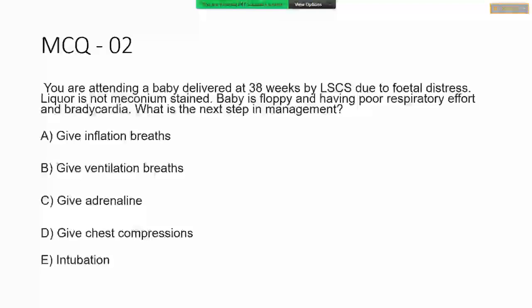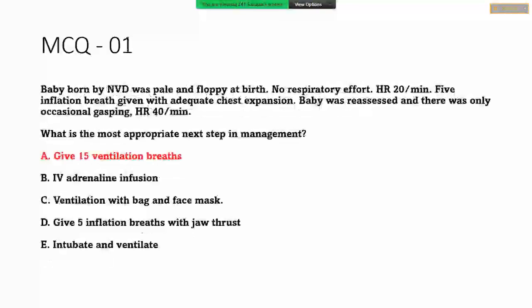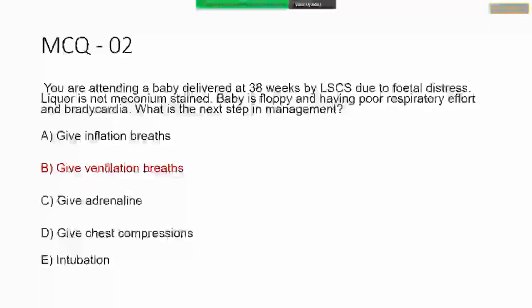So, no need to go for the inflation breaths. Directly we can go for the ventilation breaths. So the answer is 15 ventilation breaths. Other answers won't be there. Only there will be some confusion with the inflation and the ventilation breath. So that's what I have taken, the ventilation breath. If anyone has any doubt, just ask me. Don't go with any confusion or doubt.